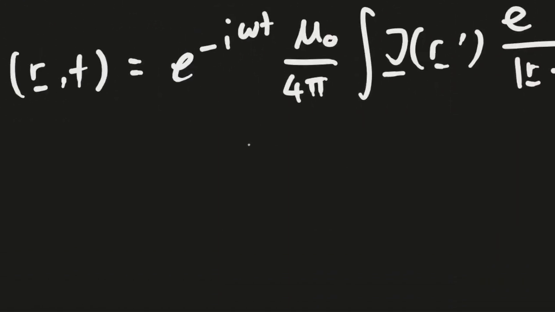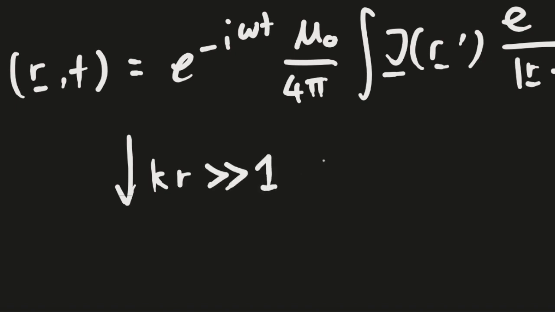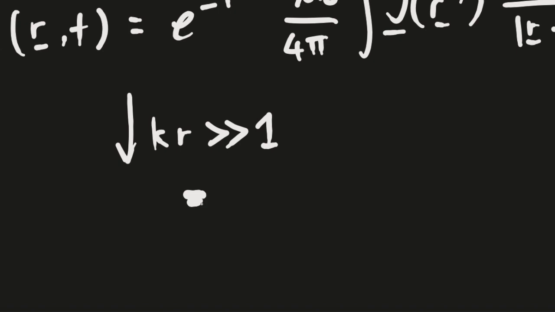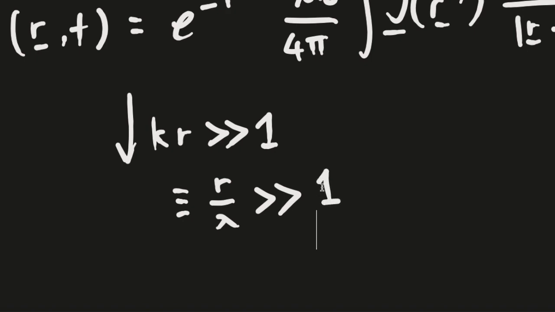So now we impose that kr is much greater than 1, which is equivalent to saying that r over lambda is much greater than 1. So you're saying that your distance is much greater than your wavelength.